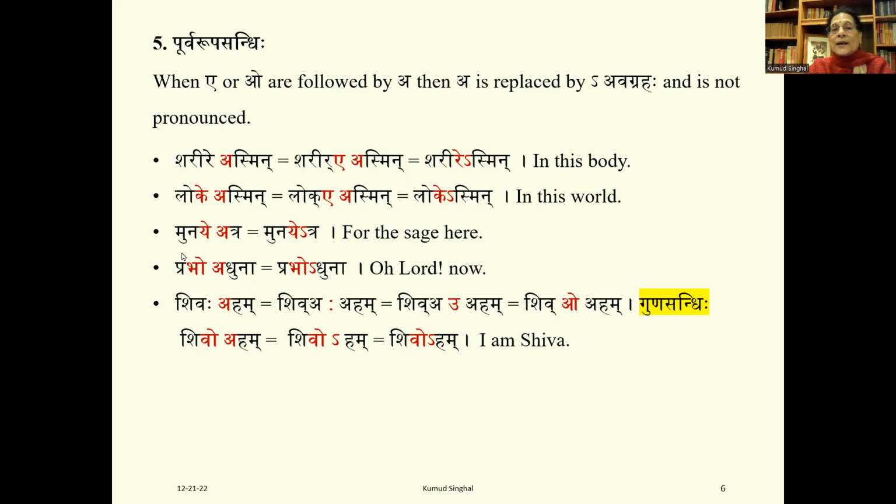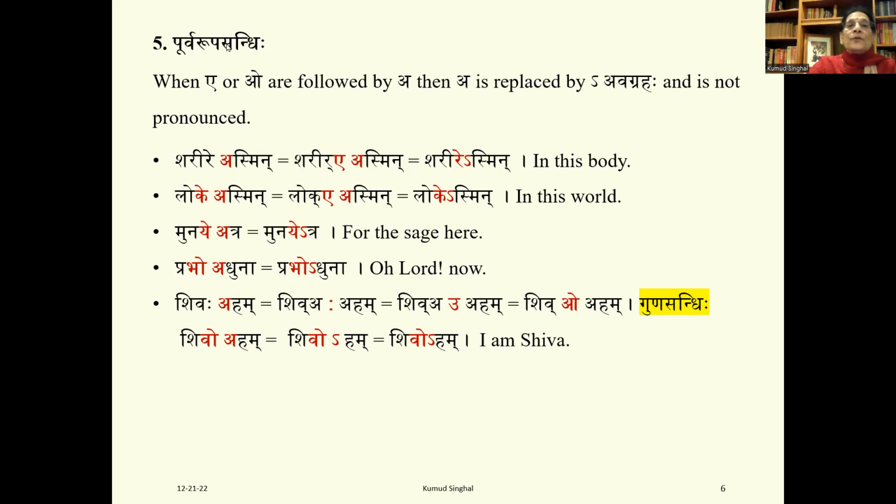The pratipadikam is Prabhu. Prabho is the sambodhanam, ekavachanam, O Lord. Adhuna, now. O Lord, now. So here, o is followed by a. So again, a is elided and it is not pronounced. Prabhodhuna, O Lord, now.